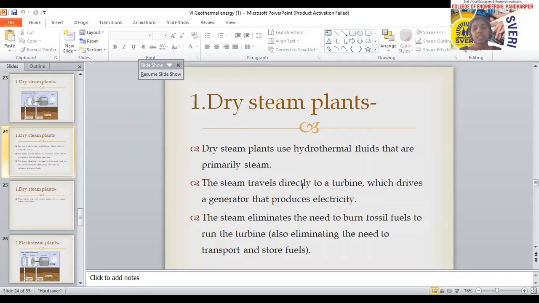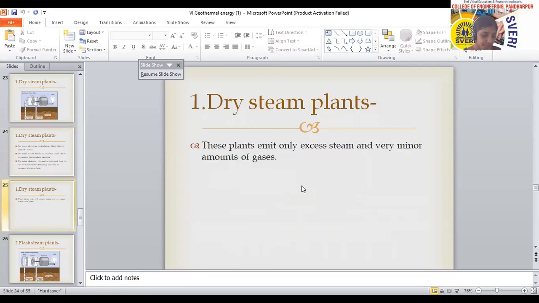The transportation of that fuel, the storing mechanism, and the storage location increase the cost of the plant. So this cost is reduced in the case of geothermal power plants.